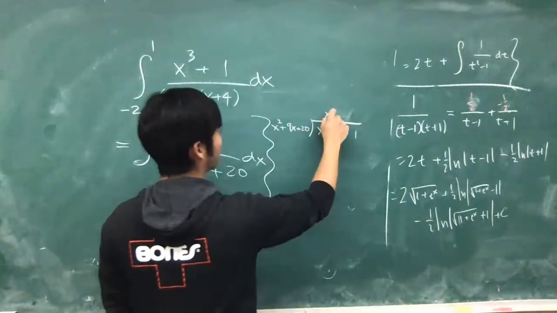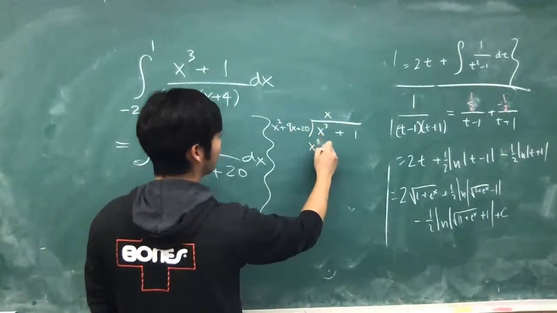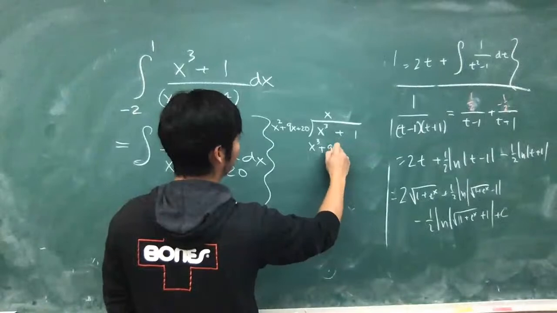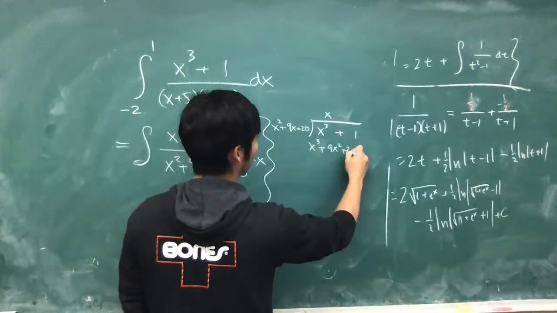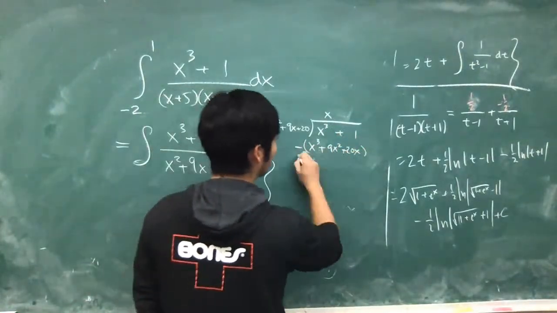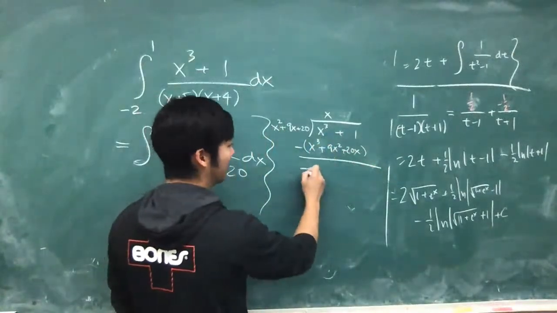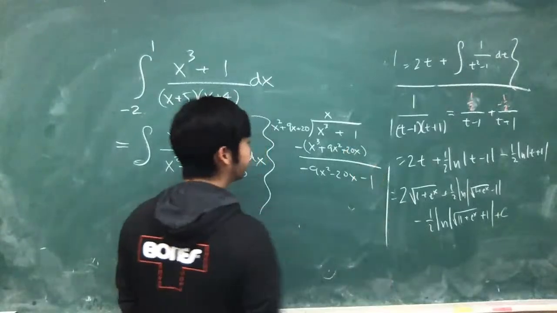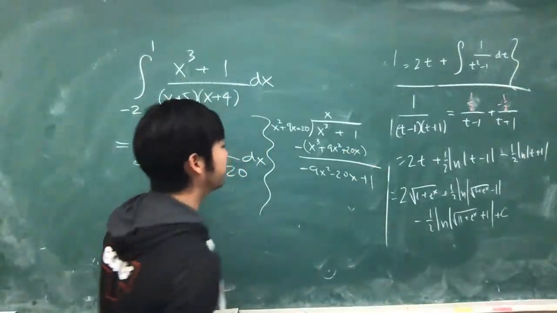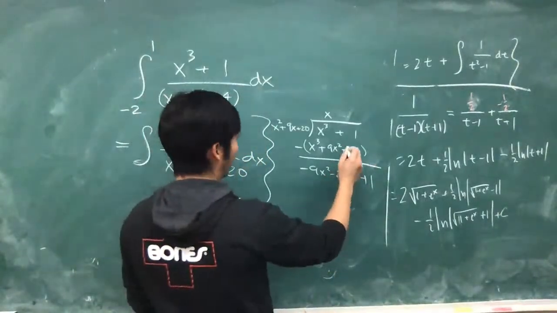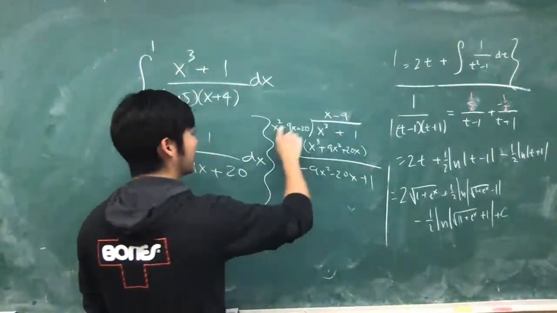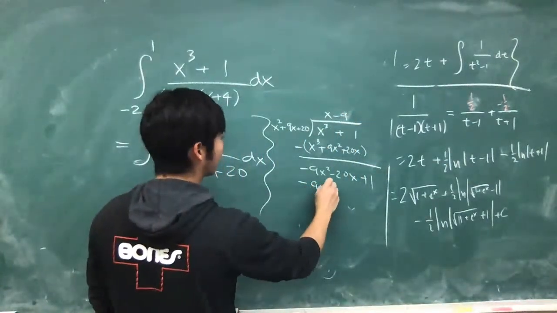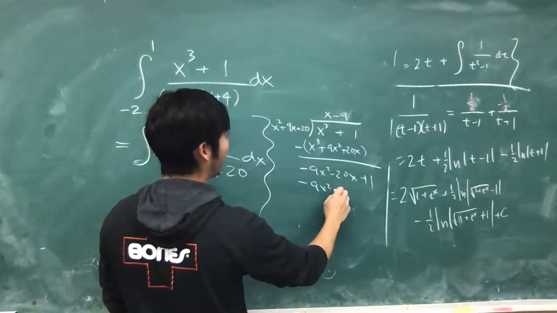So this is x, and then x cubed plus 9x squared plus 20x, and then subtract. So this will be 9x squared minus 20x plus 1. And so it'll be minus 9, and then negative 9x squared minus 81.